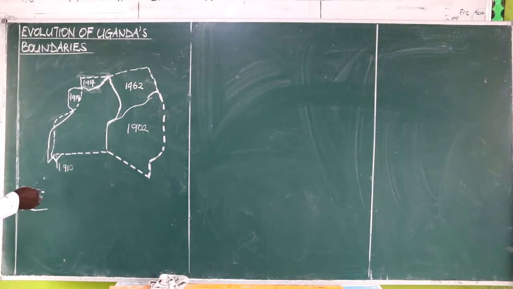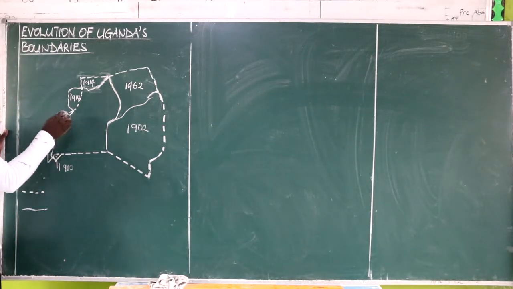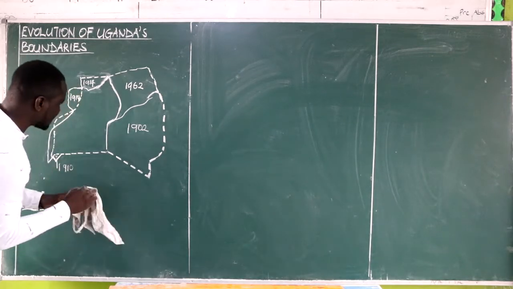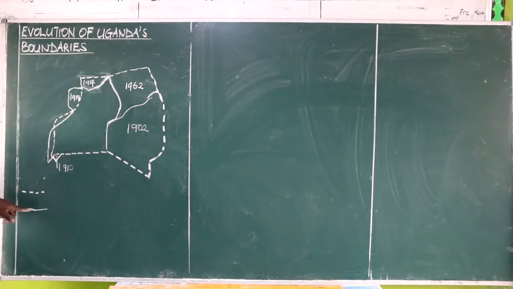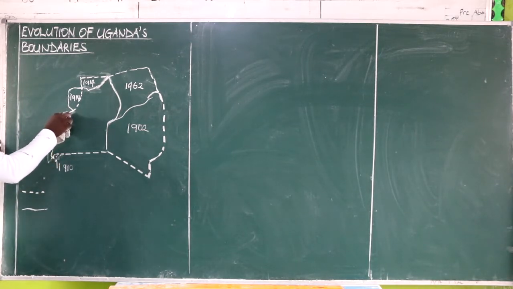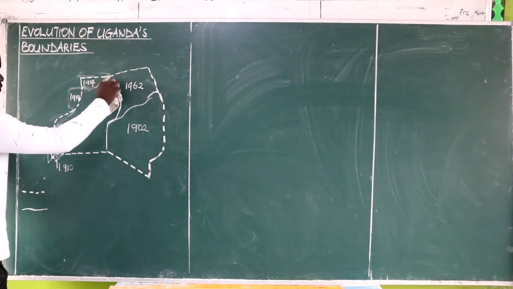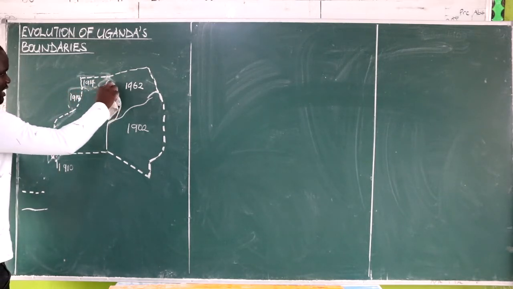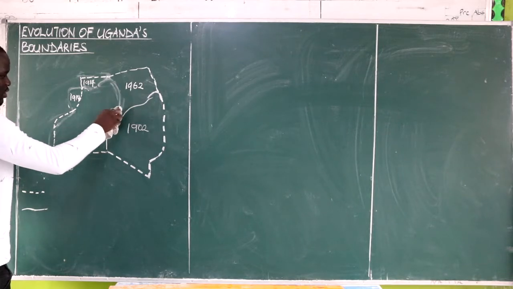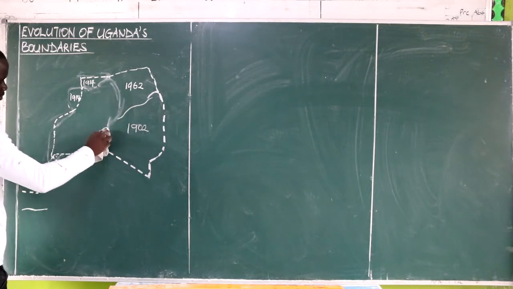Which means when we follow the dotted line, we shall be able to note how Uganda looked. And if we remove this smooth line, which shows Uganda after, we shall find that Uganda was a country which looked like this. Before that, it was very large, looking like this.